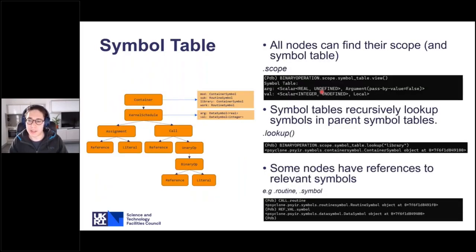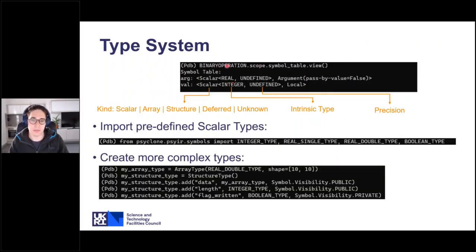So as you can see here in the symbol tables, for instance the binary operation scope symbol table, every symbol has a type in PSyIR. It's a type system, and there are different kinds of types that we represent. Maybe you will be familiar with scalars, arrays and structures or derived types if you come from Fortran.